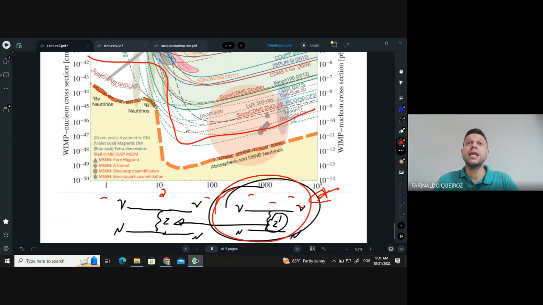For instance, we can place limits on new forces using IceCube neutrinos, the IceCube detector. There's another one called ANTARES, which is the same. We have others, KM3NeT. We have Super-Kamiokande. We have neutrino detectors just meant to detect neutrinos, and using the neutrino flux, they measure.